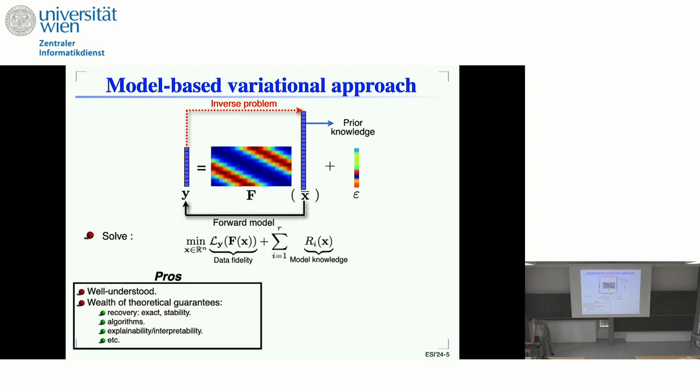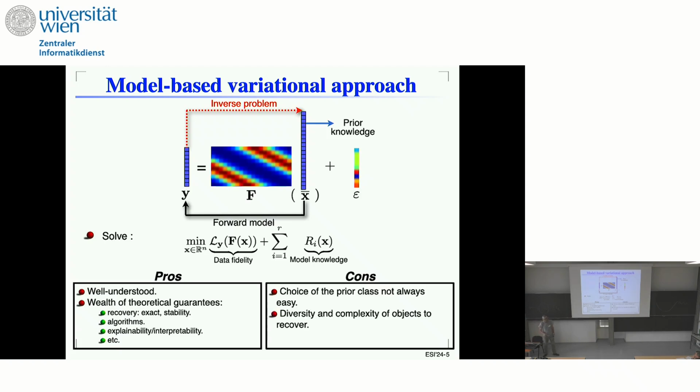What do we know so far about this kind of models? The pros are that they are very well understood. We have a wealth of theoretical guarantees. We have whole books on this. In terms of recovery, you know exactly under which situation you can have exact recovery and stability to noise. You have algorithms, and you also have some explainability and interpretability of the results, et cetera.